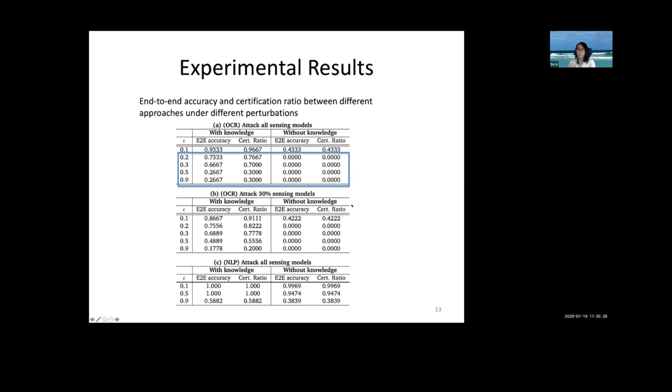So this is showing that with human knowledge, it is possible to not only improve the benign accuracy of the sensing reasoning machine learning model pipeline, but also the certified robustness accuracy. And similar for other scenarios as well.